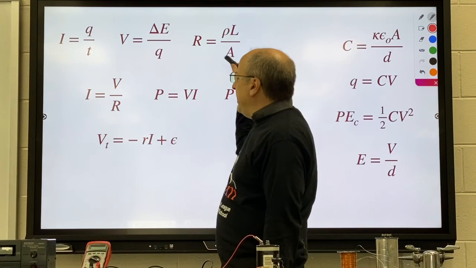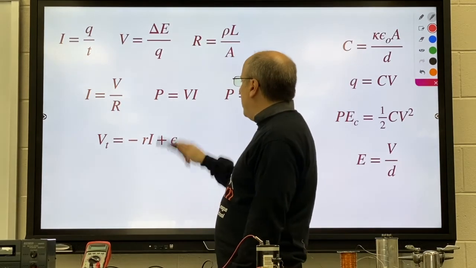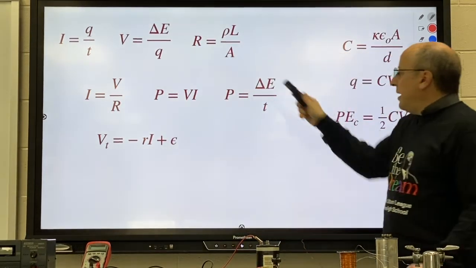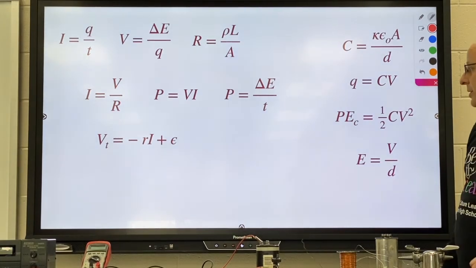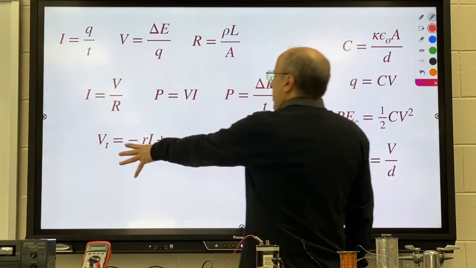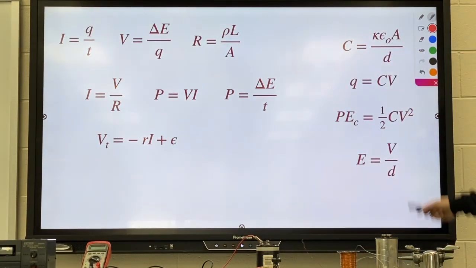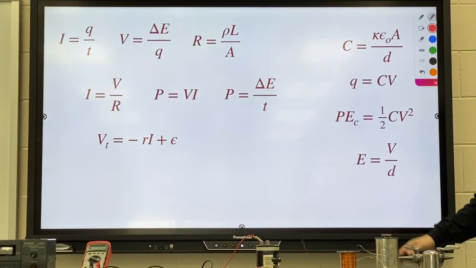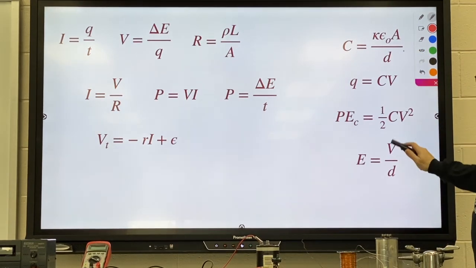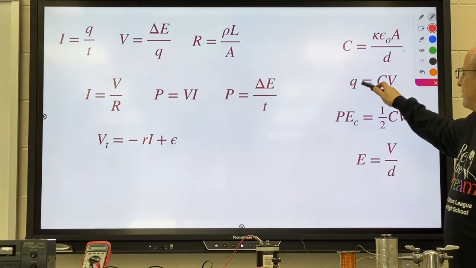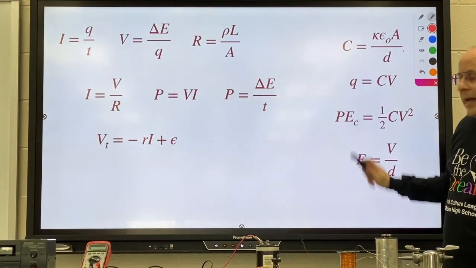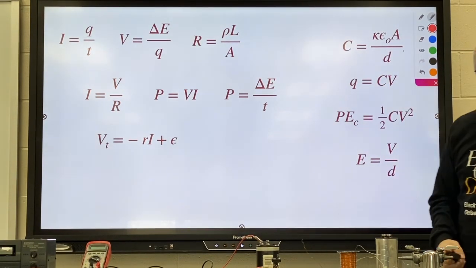Then we combine these terms together, we get Ohm's law, we get our power, and remember, power is energy over time. We have the formula for the internal resistance of a battery, and then our capacitor formulas, based on the physical properties, based on what it's hooked up to. Capacitors store charge, they store energy, and they create electric fields.